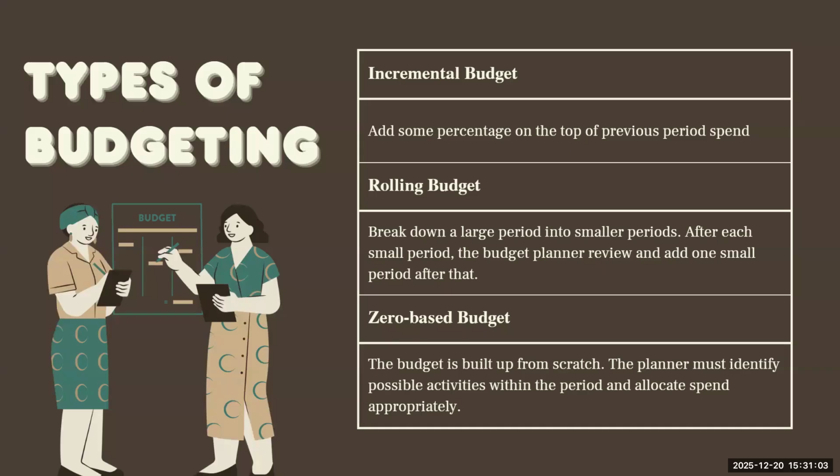The third type of budgeting is using the zero-based budget. With zero-based, it is the opposite of incremental budget. Instead of assuming certain activity, every stakeholder, every department needs to build their own budget from scratch.